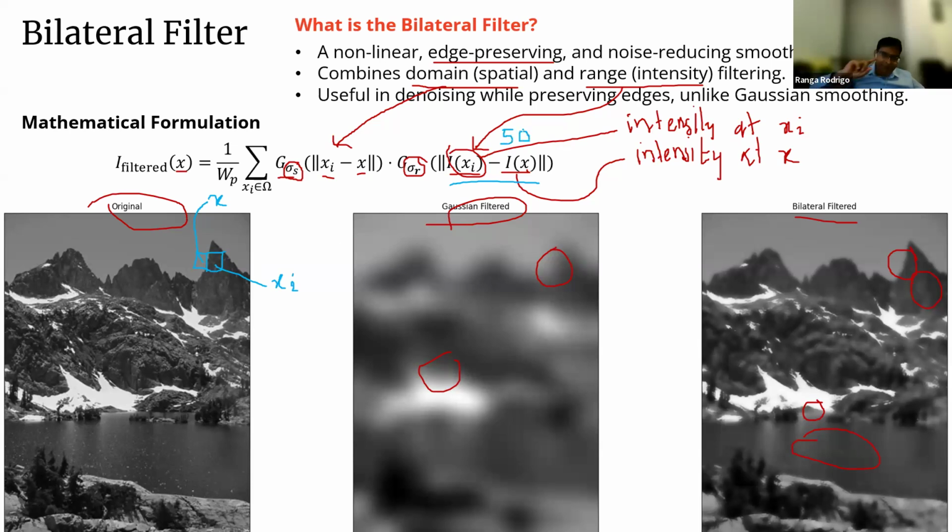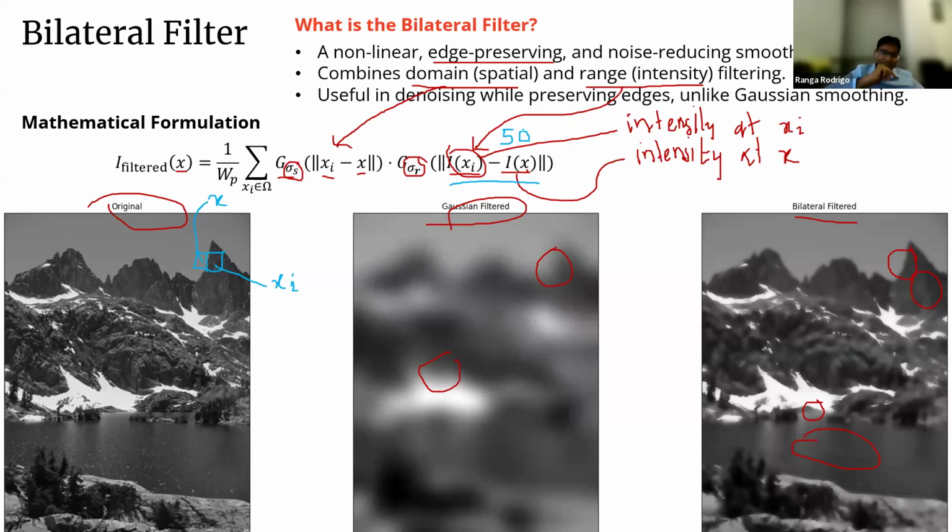Now to the Gaussian's exponent, if you put 50, that means e to the power of minus 50. What do you get? You get 0. Therefore, at that point, there is no smoothing.